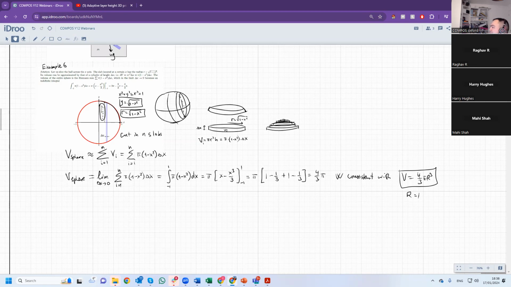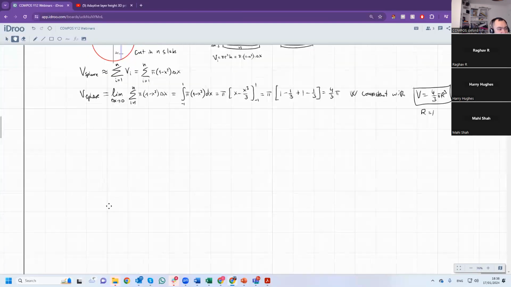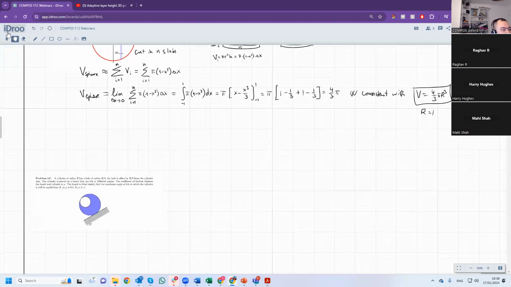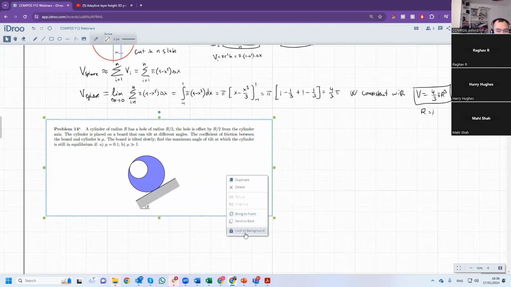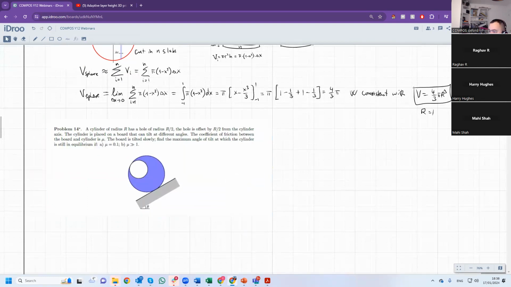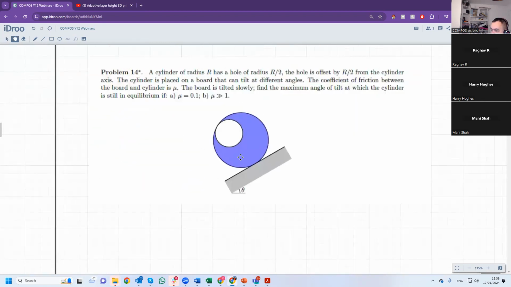For physics problem 14, if mu is a much larger number, that basically means the cylinder is stuck like glue. No. Mu is greater than 1 means that it won't slip, but it will roll.